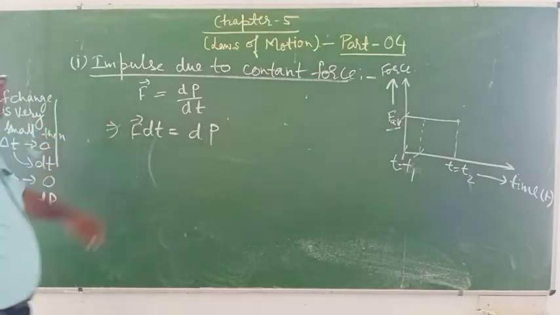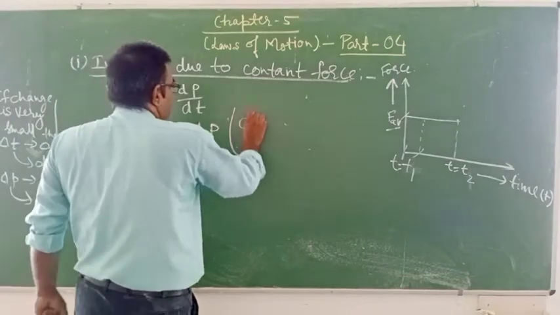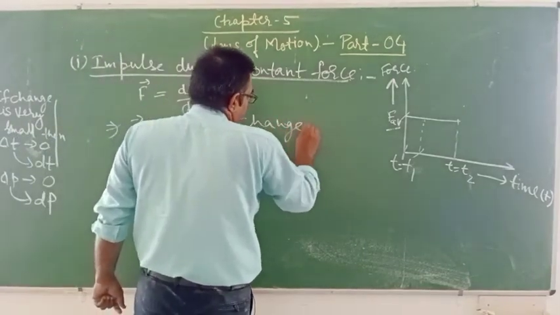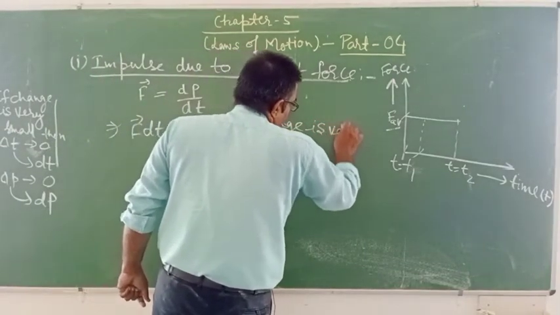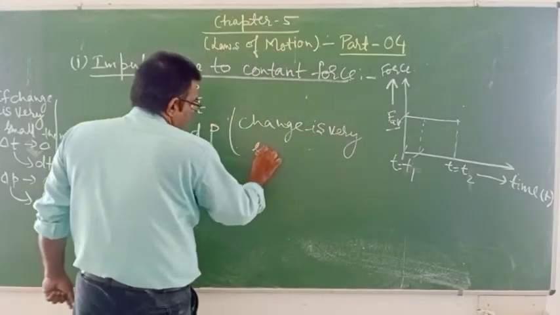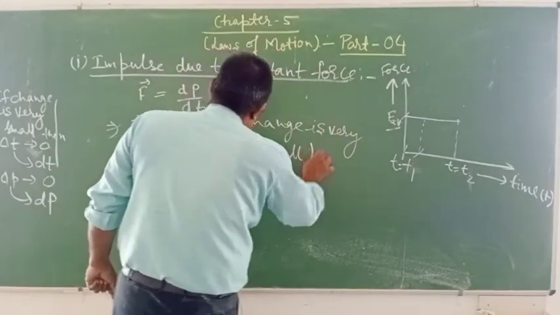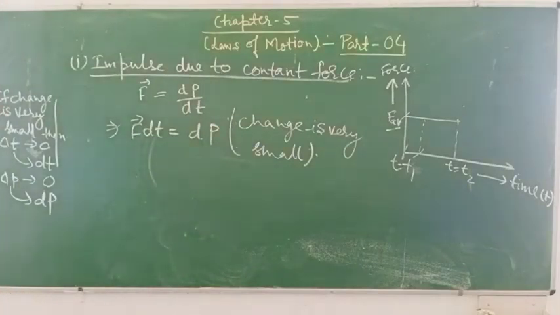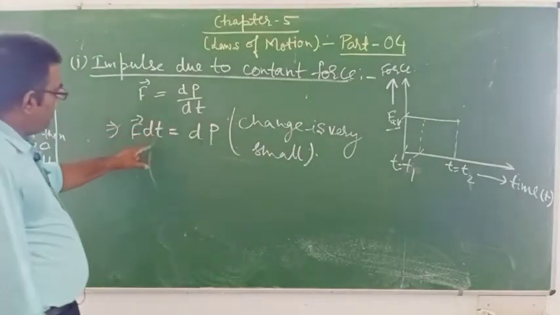So here we have considered the change is very small. We have written it as dp upon dt.